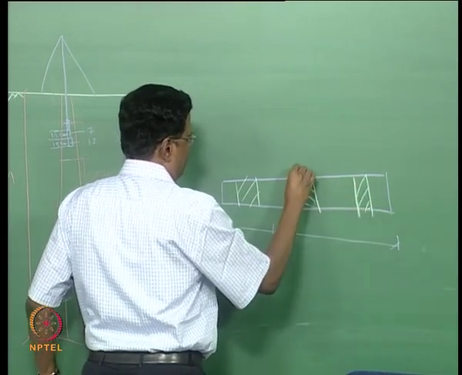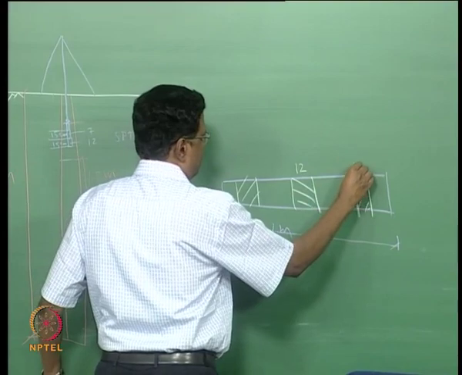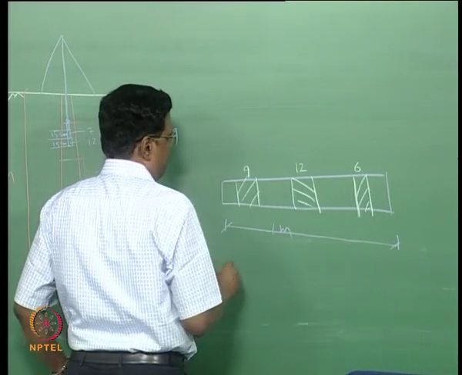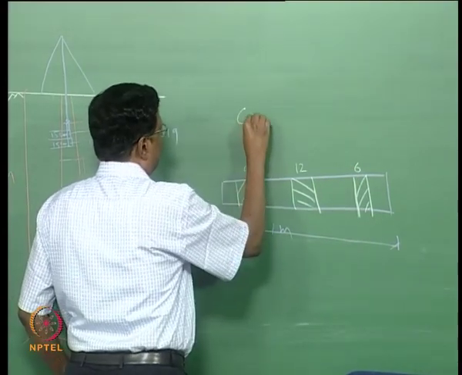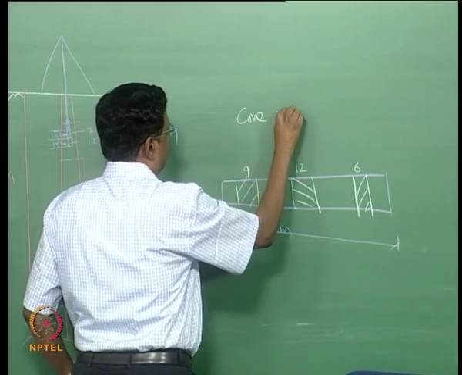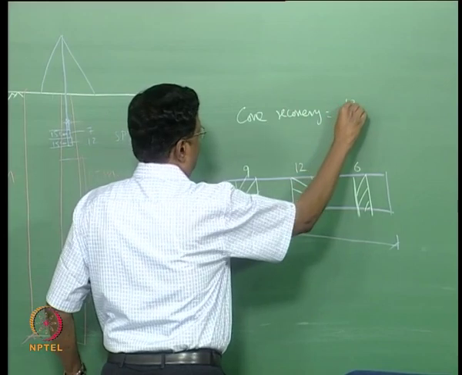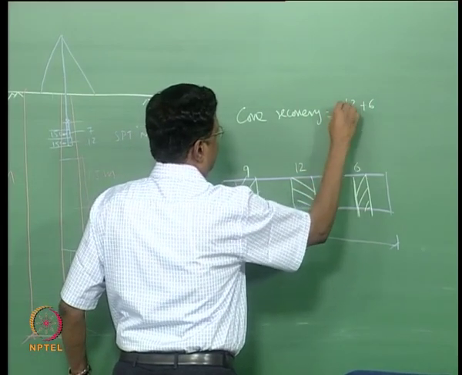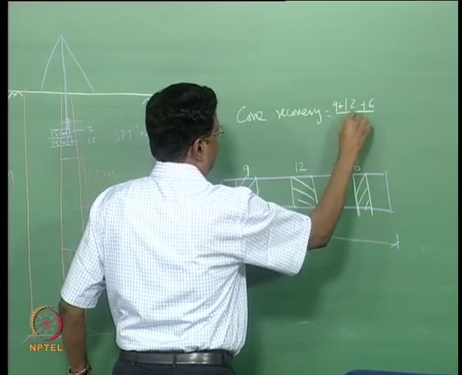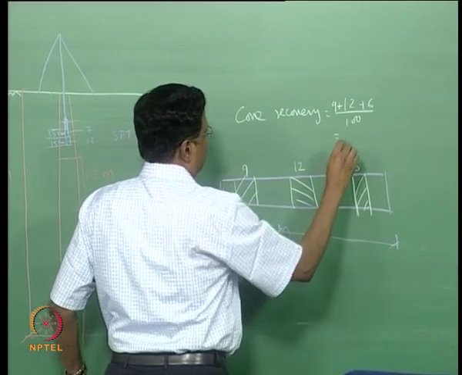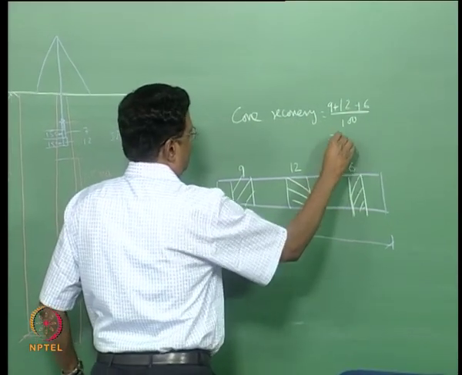Let us say it is 12 centimeter, 6 centimeter, 9 centimeter. Core recovery is 12 plus 6 plus 9 divided by 100, that is 27%.